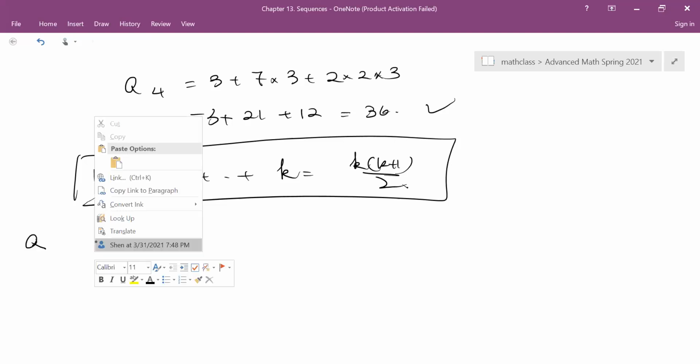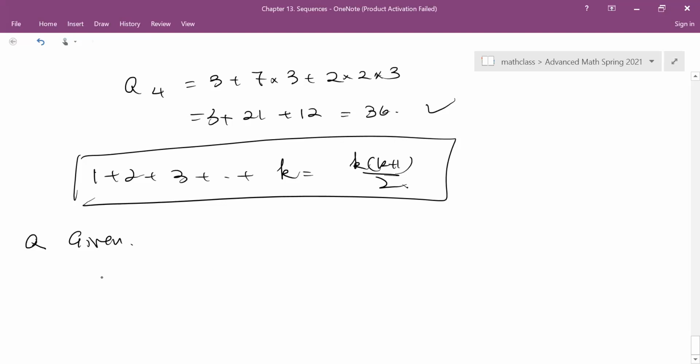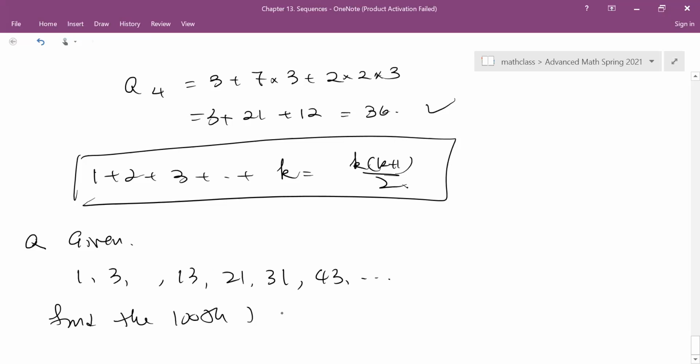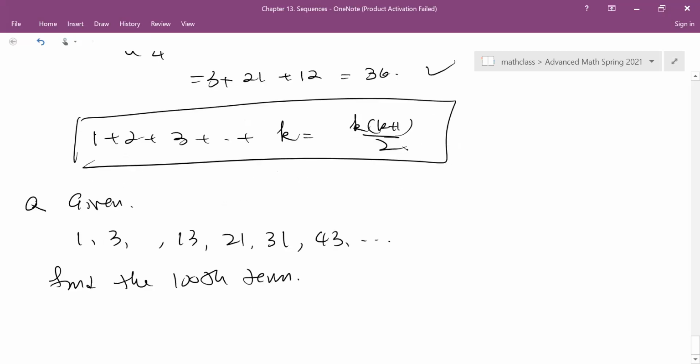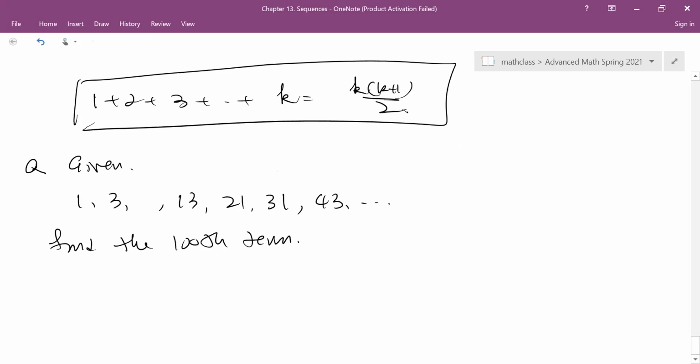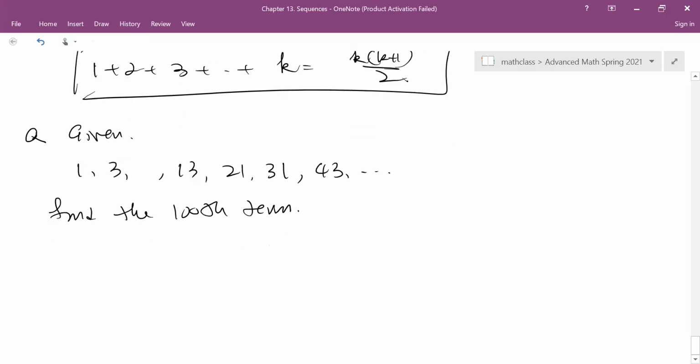Given 1, 3, 7, 13, 21, 31, 43. Find the 100th term. Actually, you just need to find the nth term. I'm not asking you to find the next term. I want the 100th term, or the nth term.